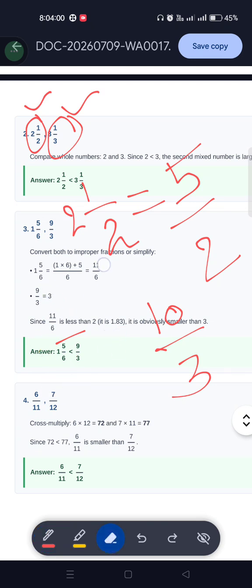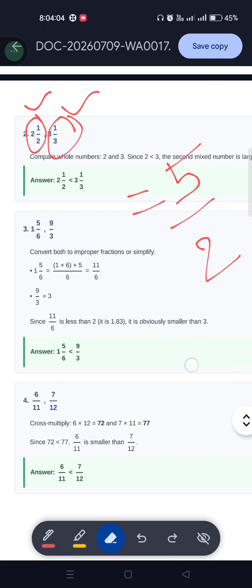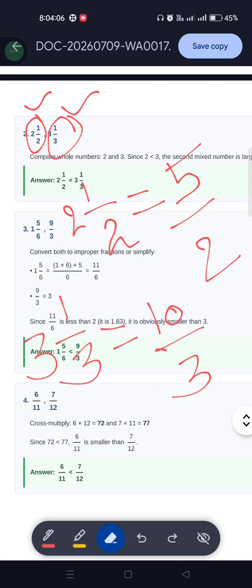Now we will compare these two. Now we are getting 5 upon 2 and 10 upon 3. In this situation, when you are given two different fractions and you need to compare them, how will you compare?